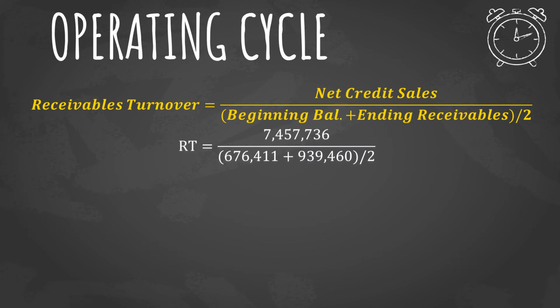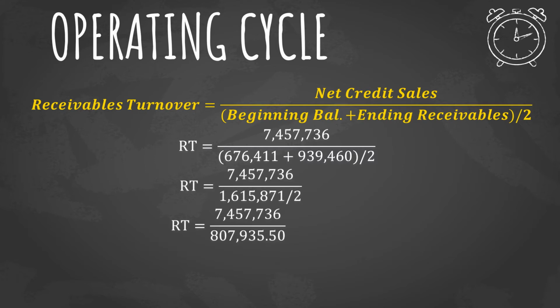So this will be the net credit sales, which is amounting to 7,457,736. And then the beginning balance, remember the beginning balance for 2014 is the ending balance of the previous year, which is 2013. So the receivables turnover will be 9 days.